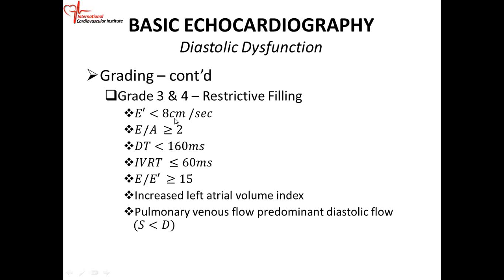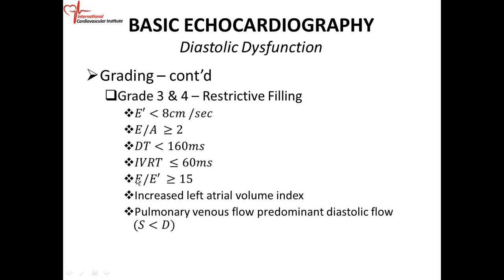You cannot have diastolic dysfunction unless your E prime is less than 8 centimeters per second. So this is key again. So the E prime is going to be less than 8 centimeters per second. And because this 3 and 4 is a worse stage of diastolic dysfunction, the pressures in the left ventricle is going to be tremendous.